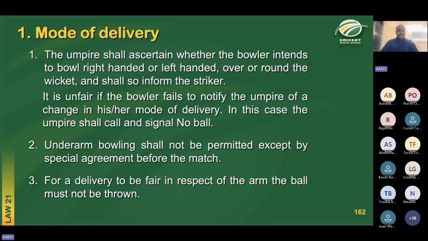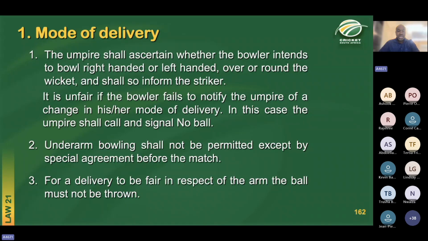So the International Cricket Council and all cricket playing member nations around the world, they allow for a 15-degree flex or bend in the elbow, which is difficult, almost impossible to judge using the naked eye.